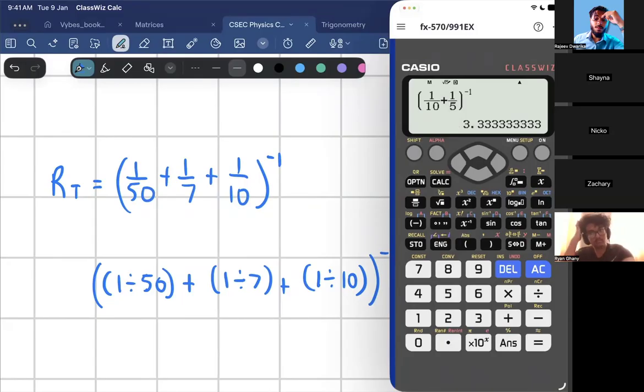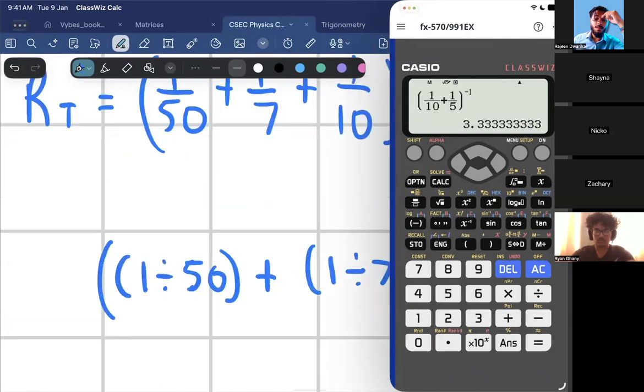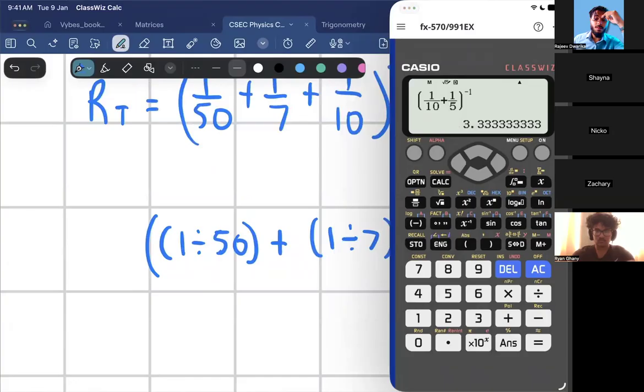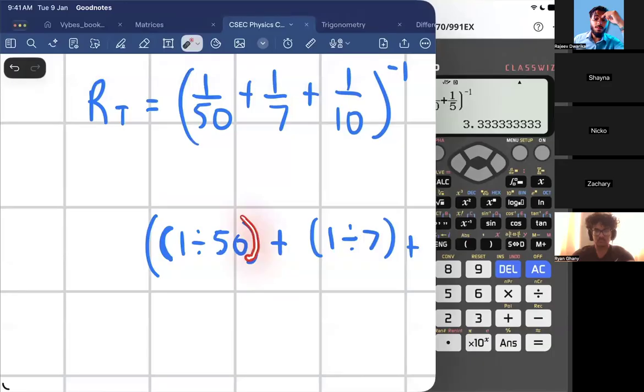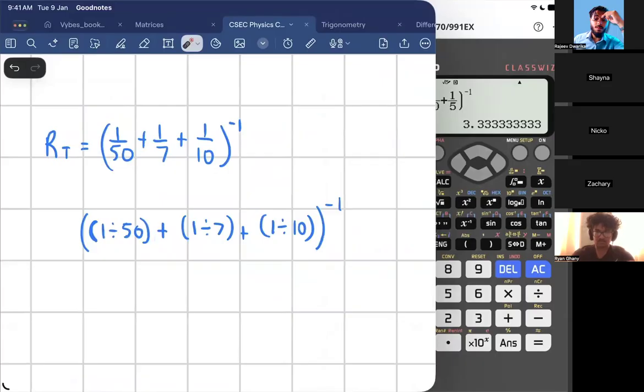You open a bracket here, but I'm not seeing it closing the bracket for the 1 divided by 50. Every time you put in a fraction, you must open the bracket and close the bracket.